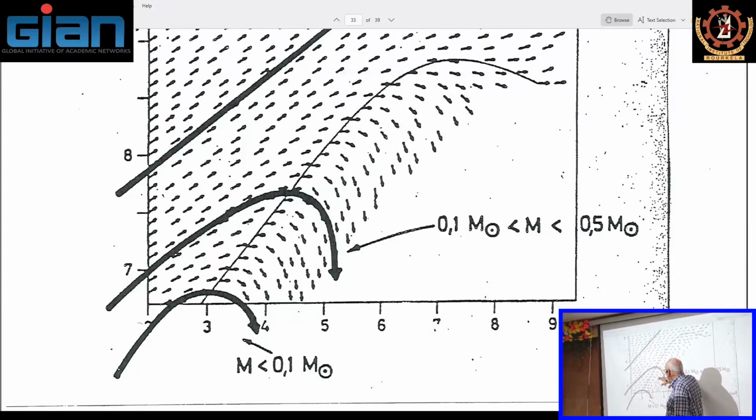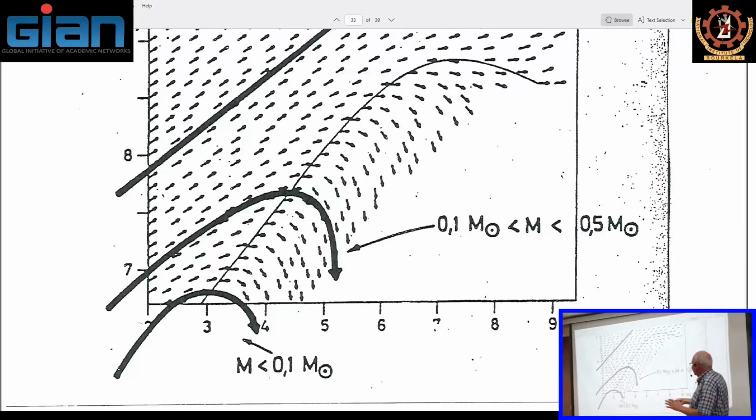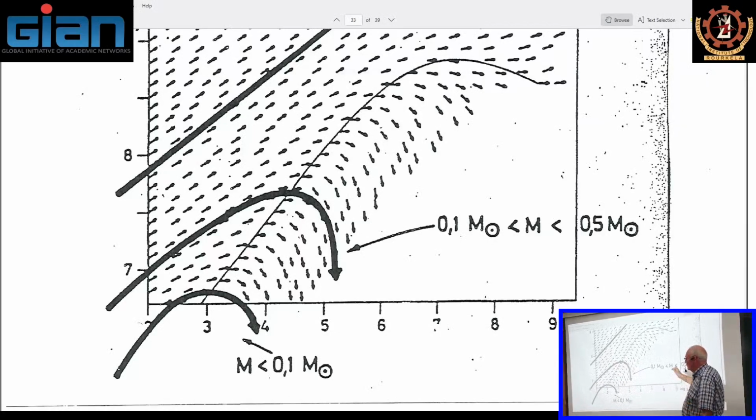Well, and then the next region of masses: if the mass is not massive enough to get a temperature of 10^8 K, it will not ignite helium. If it's more massive, then it might ignite helium, but not yet carbon.